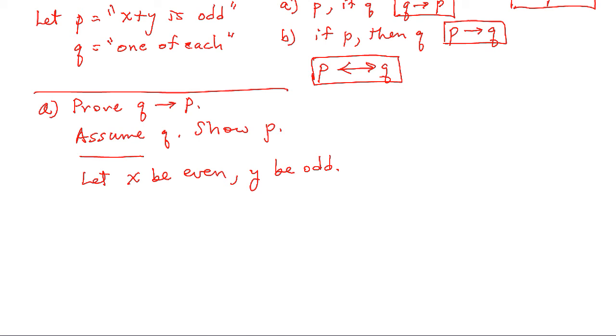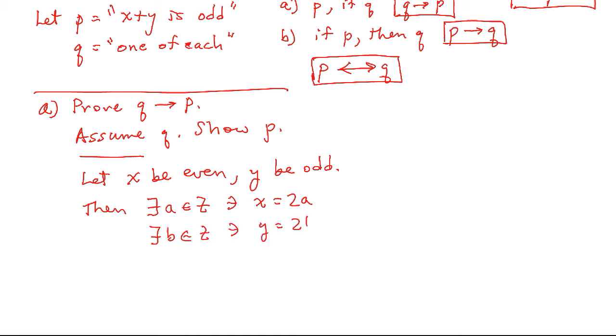Okay, if x is even, now here's the step. There exists some integer a such that x is 2a, and because y is odd, there exists an integer b such that y is 2b plus 1. So this is the form of an even integer, twice another integer, and an odd integer is twice another integer plus 1. Okay?